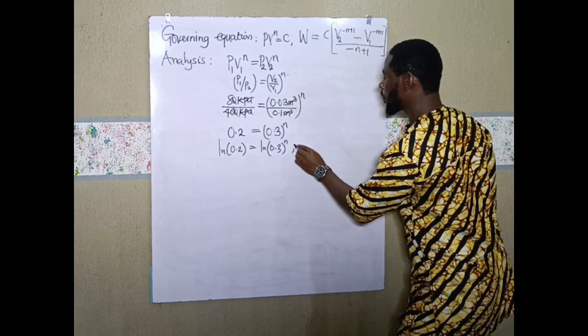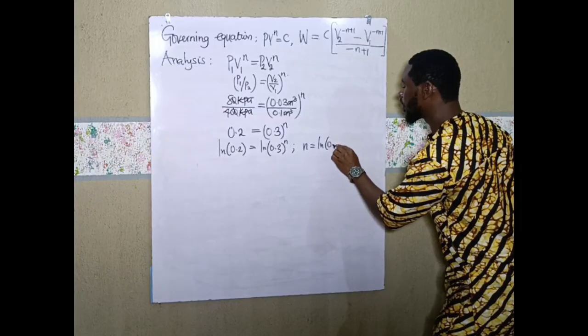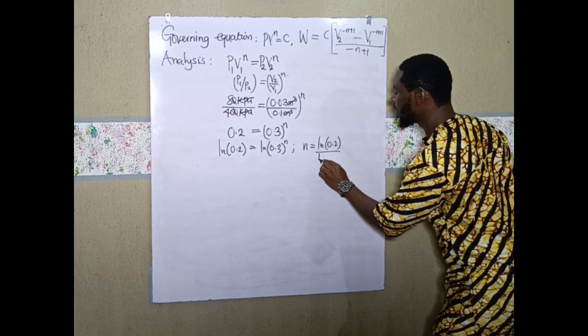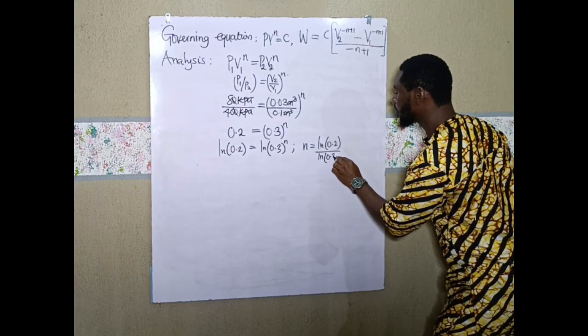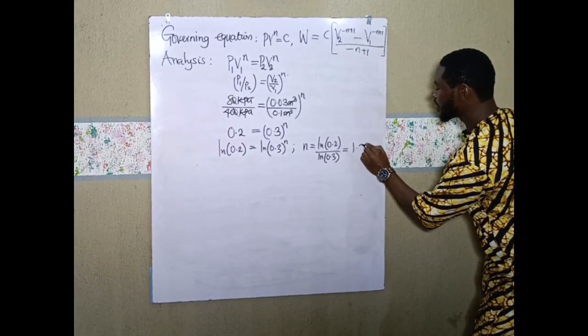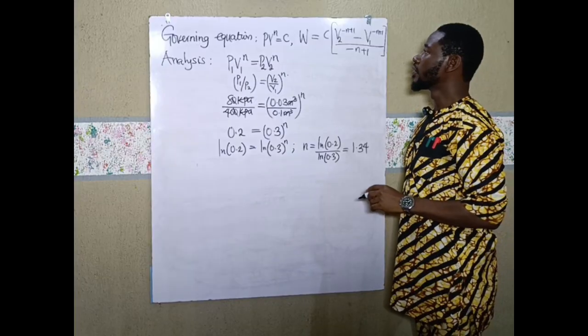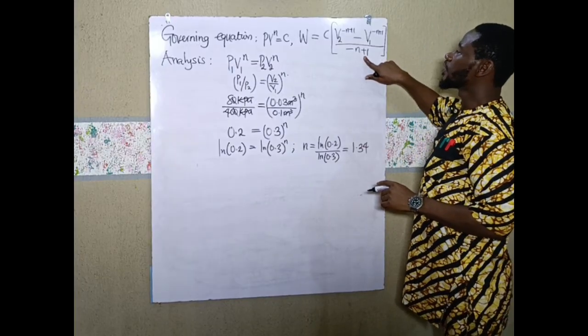So n becomes ln 0.2 divided by ln 0.3, and the value becomes 1.34. That is the value of n.